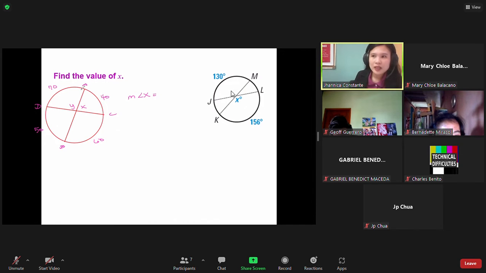Is it arc AD or arc AC, arc BC, or arc DB? What arc are we going to use to find the measurement of our angle X? Anong measurement of arc?